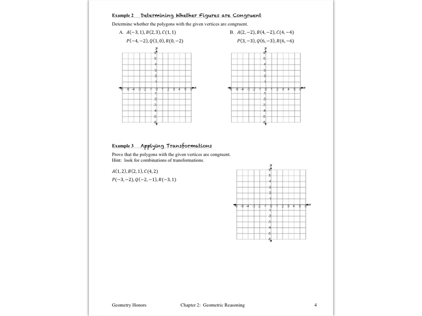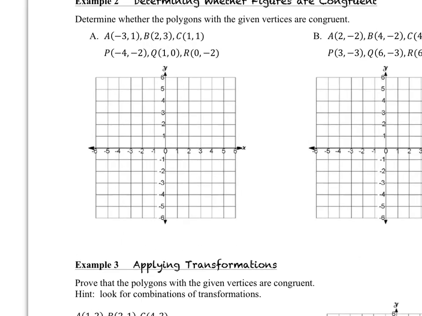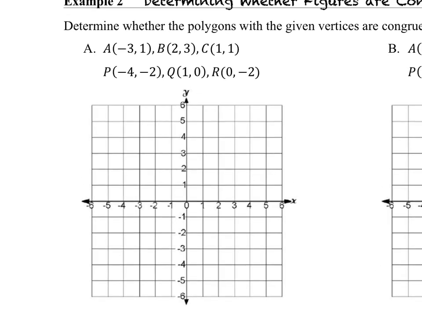In example 2, we want to determine whether figures are congruent. So we're going to be graphing the two polygons and determine if one is the rigid transformation of the other. So let's start out by graphing points A, B, and C, joining up those segments so we can see what that first figure is. Now let's graph points P, Q, and R and see what the change was between the two figures.